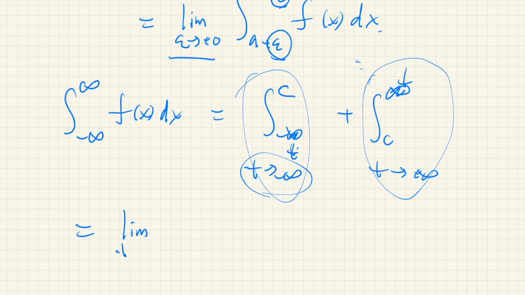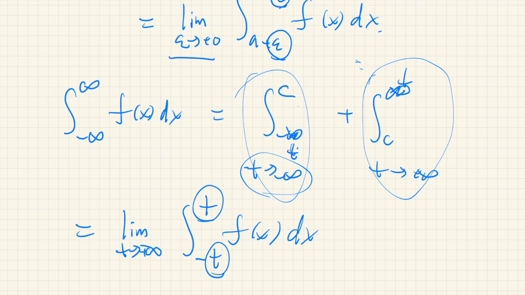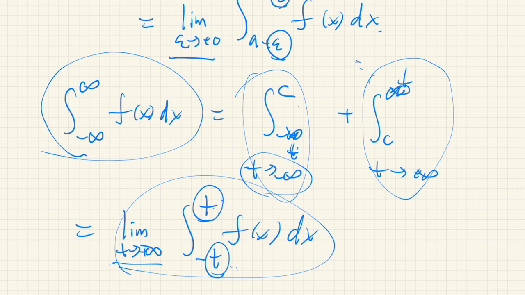So limit of t going to positive infinity, and integrate from negative t to positive t. This is wrong. In this case, these t's are the same t, going to infinity at the same rate. If you calculate this improper integral in this way, sometimes you can get a wrong result.